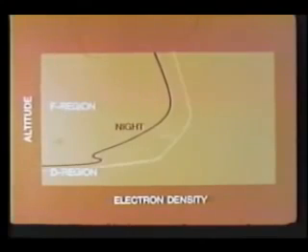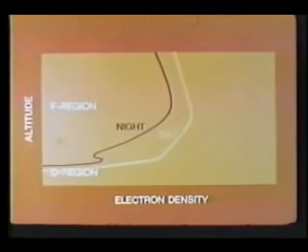Up in the F region, however, the extremely rarefied atmosphere allows a large free electron density to exist throughout the night. Shortly after sunrise of the following day, the D region ionization, consisting mostly of electrons, is reestablished by solar radiation. We are concentrating attention on atmospheric ionization processes because the free electron density at the various altitudes determines the signal propagation behavior of many of our radar and long-range communication systems.